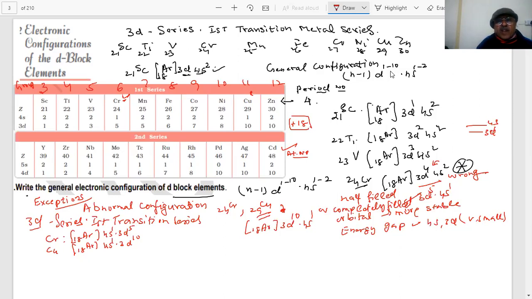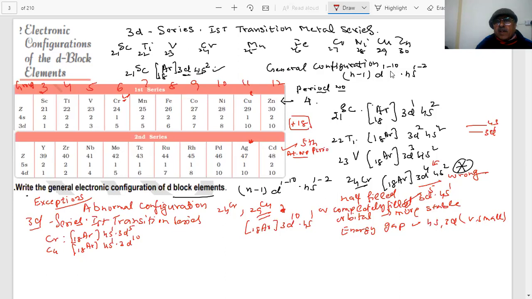Similarly, you see the exceptions were there in copper and in silver also. This is your 3d series, this is your 4d series. This was the fourth period, this is the fifth period.